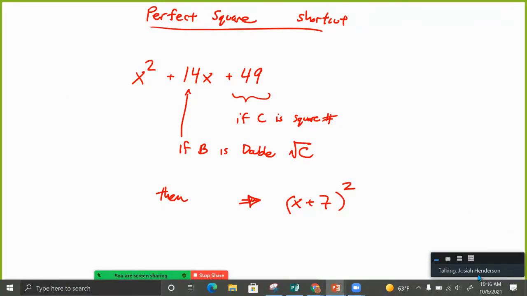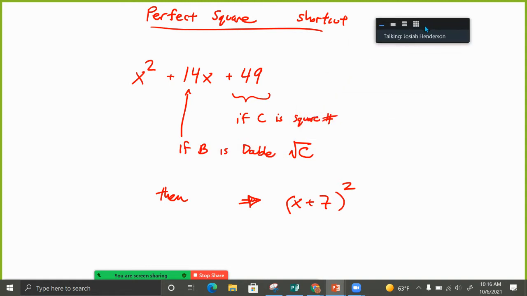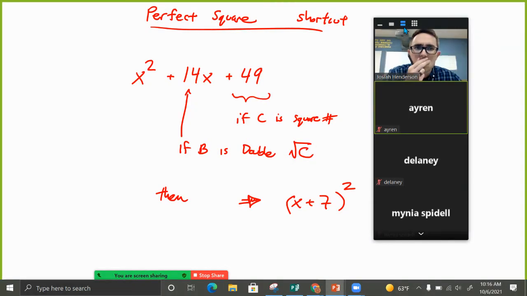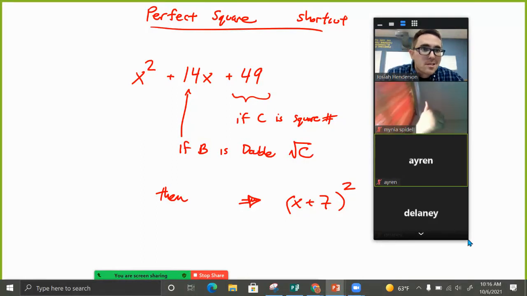Let me do another quick poll. Would folks like me to go through more of these? Would you like to get more practice with these perfect squares right now? Thumbs up if you're good and you don't really want to do more of these formally. Sideways is like, let's do some more practice. Okay, Manaya, I see that. Thank you.